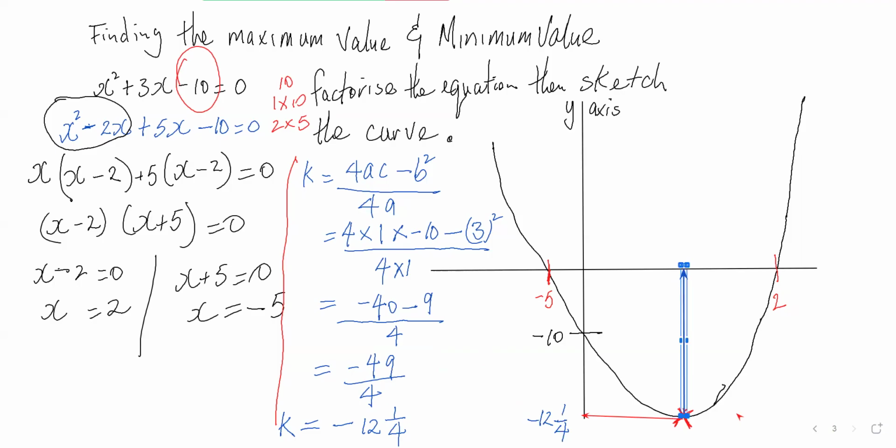Now to find the X value, that is H. To find the X value, we now find for H. So H is equal to B over 2A. All right, everybody, give me the value for H.